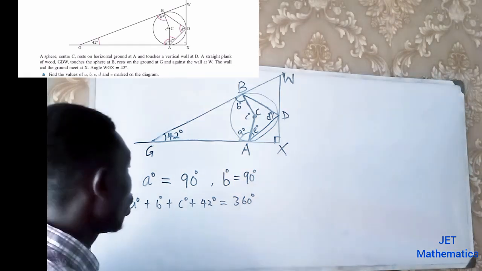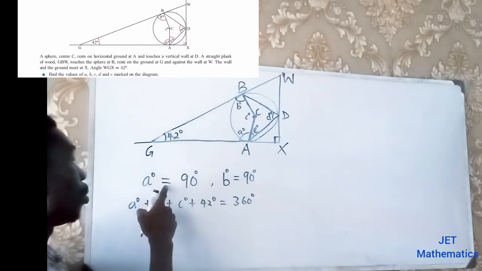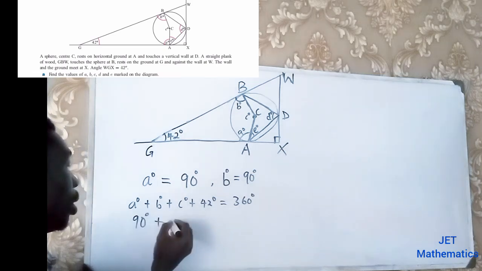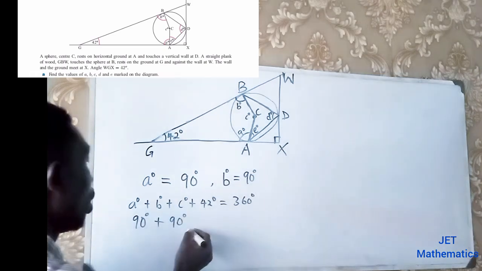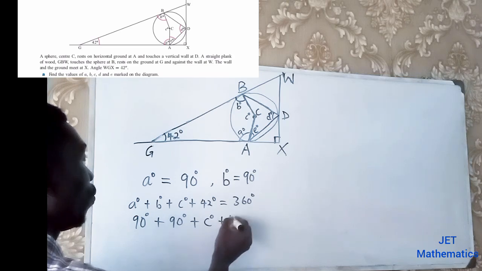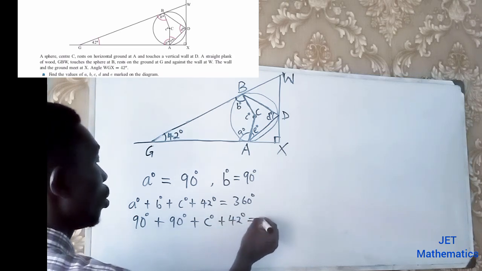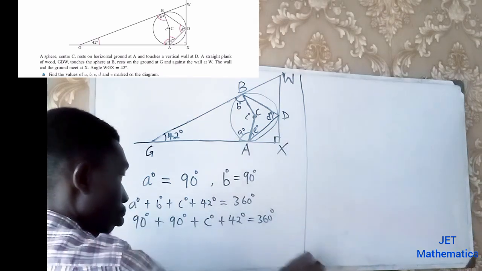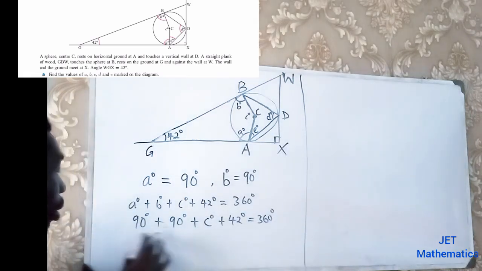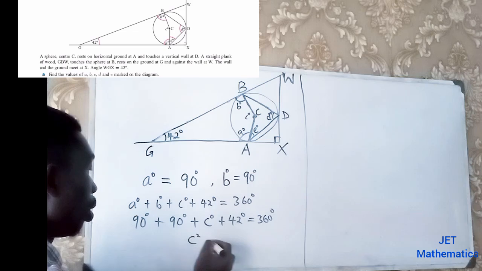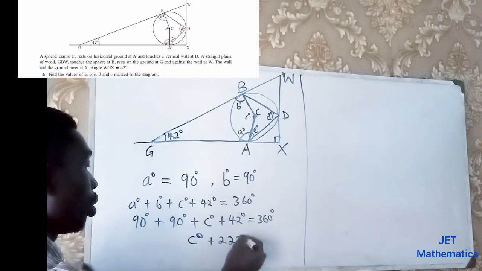When you add these up, we already know angles A and B. So we have 90 degrees plus 90 degrees plus C degrees plus 42 degrees equals 360 degrees. Now 90 plus 90 plus 42 is 222 degrees.